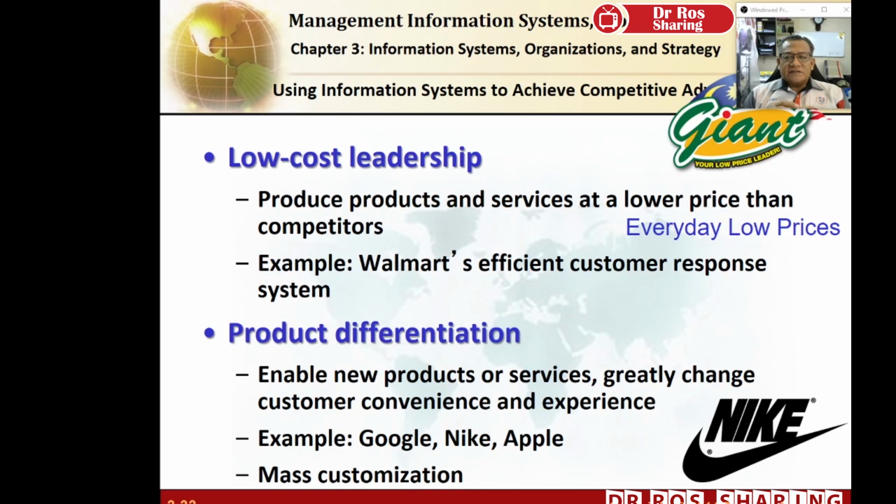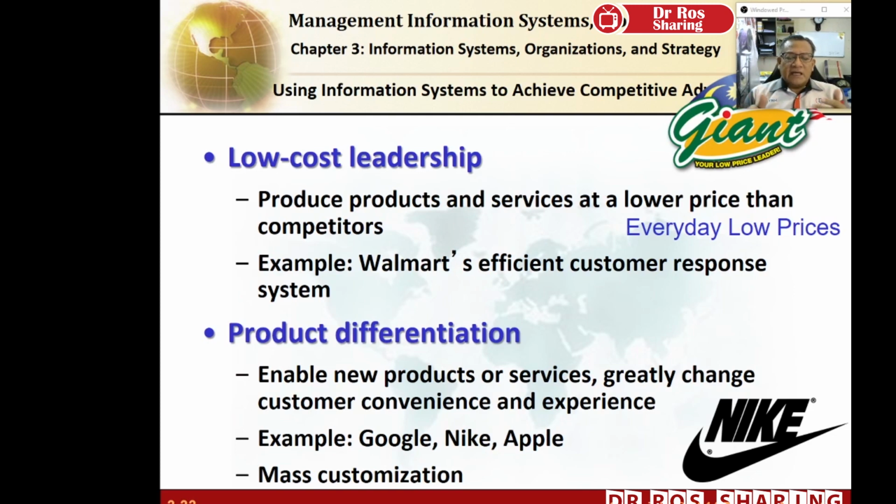Of course, Giant could maintain this low cost leadership by using an IT system with which they could order their products in bulk, in large volume, and later distribute within their networks.